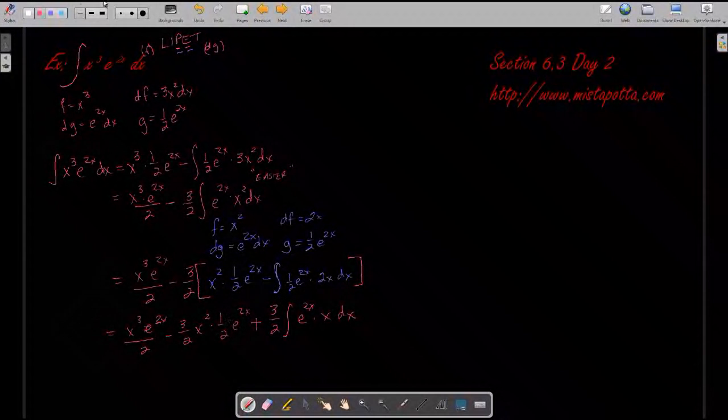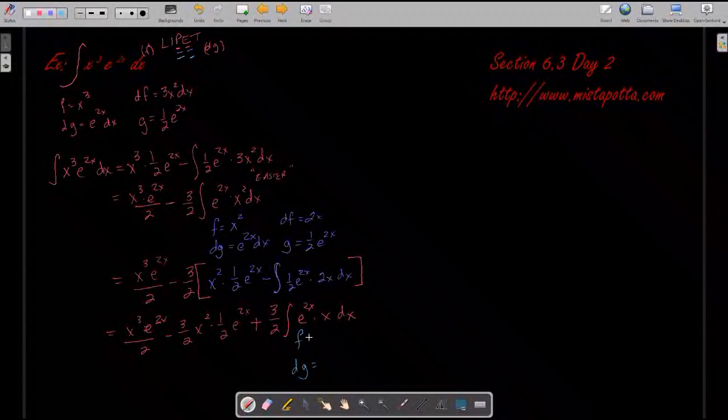So I need to do this one more time. I need to go ahead and figure out what my f is going to be and what my dg is going to be. And I still have LIPET helping me out here.